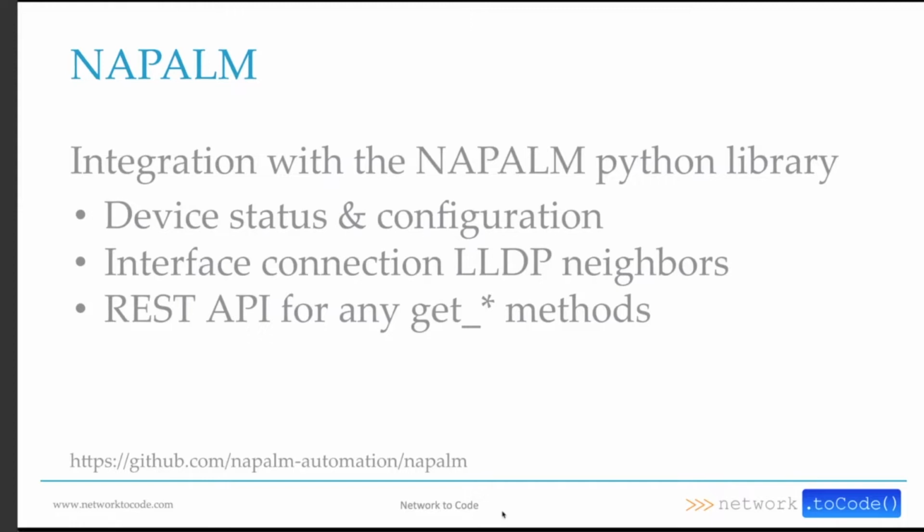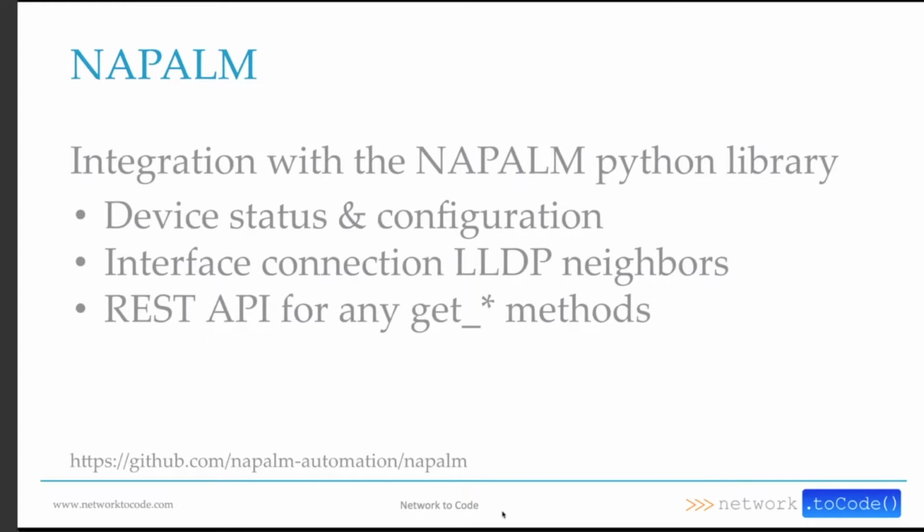Well, if you choose to use NAPALM and you're running LLDP within your network, you can actually use NAPALM to pull that information off of devices and do an audit against those interface connections that you have defined within NetBox. So if you've got a connection between two devices and LLDP agrees on that, then that'll show up green in that view. And if LLDP returns something that you didn't have configured in NetBox, that'll show up in red. So just a neat convenience feature that we have built into NetBox.